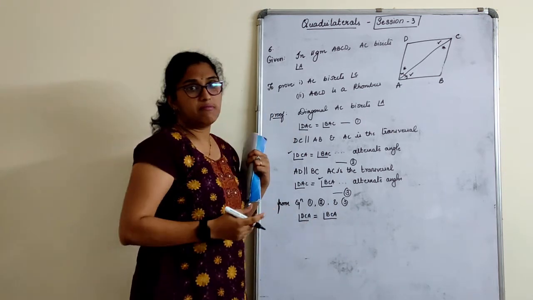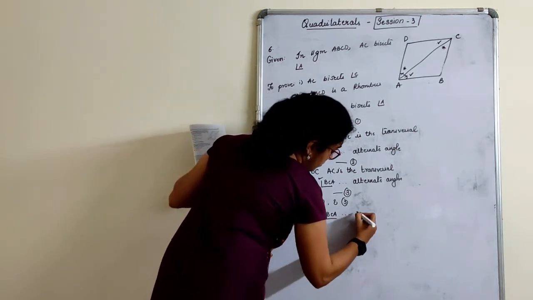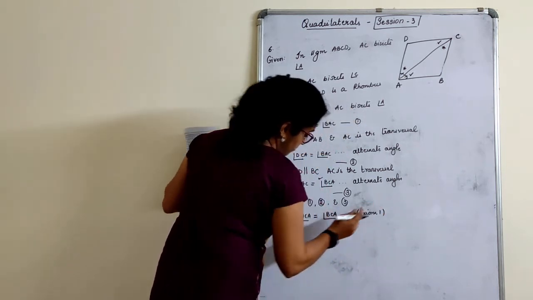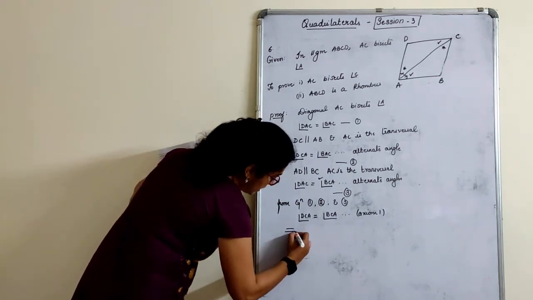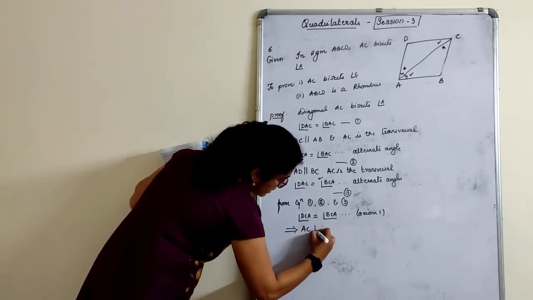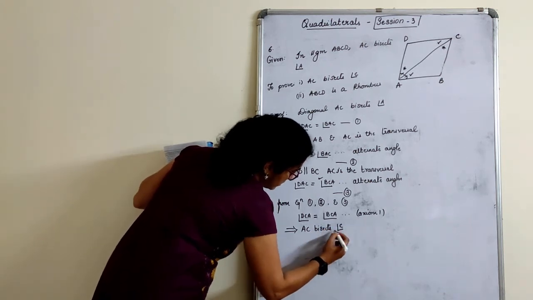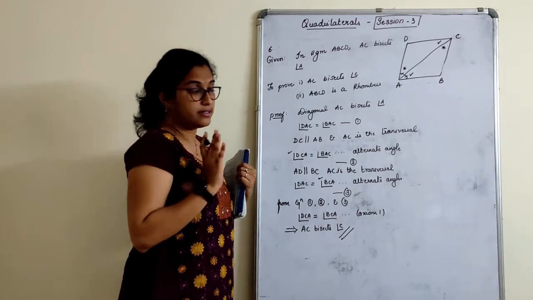Things equal to the same thing are equal to one another. Axiom 1. DCA is equal to BCA. This implies AC bisects angle C. Okay, first part is done.